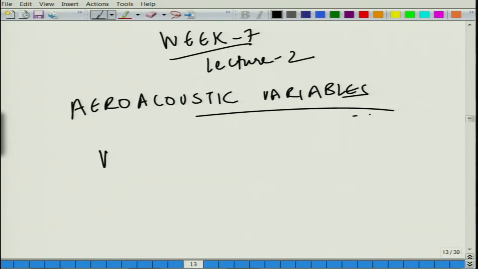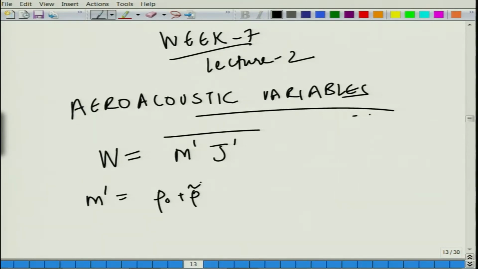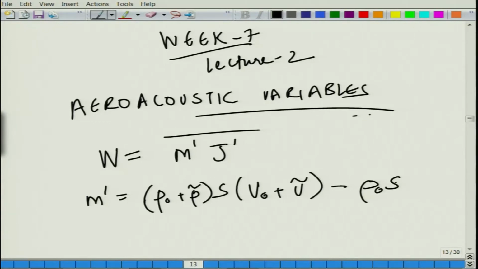So, the total acoustic energy flux or acoustic power that is carried by a mean flow is given by m dash and a dash, where the bar indicates an average over the radius. m dash is your perturbation in the mass velocity. So, this is rho naught plus rho tilde times S times u naught plus u tilde, minus rho naught S u naught.